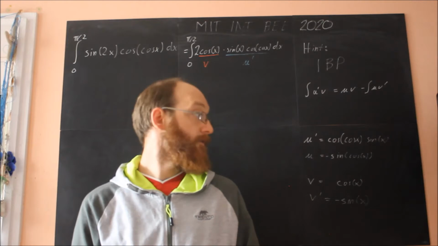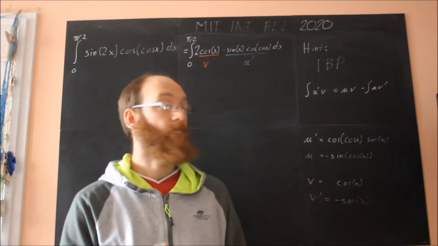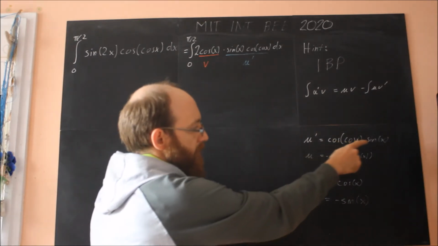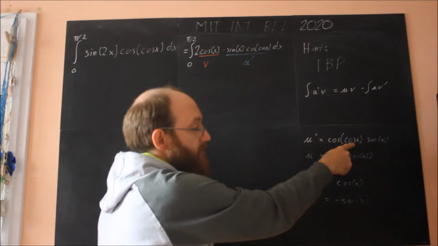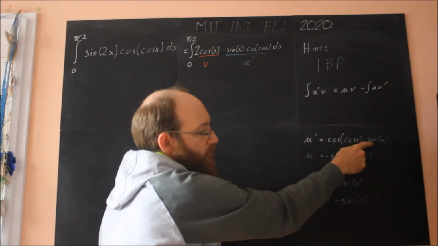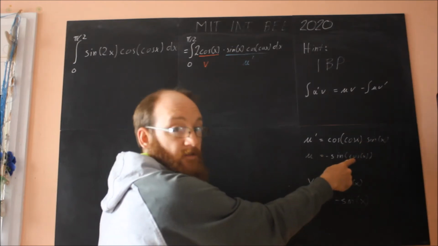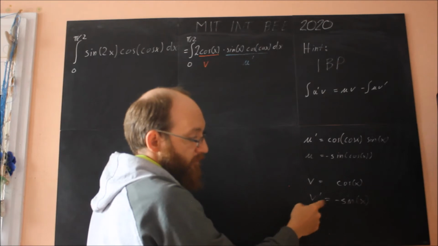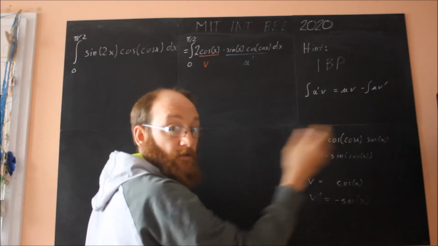Here we have u prime and v. Like I said, u prime is sine times cosine x, and if you integrate this with the chain rule, it's very easy, we get minus sine of cosine x. And v is cosine x, so v prime is minus sine of x.